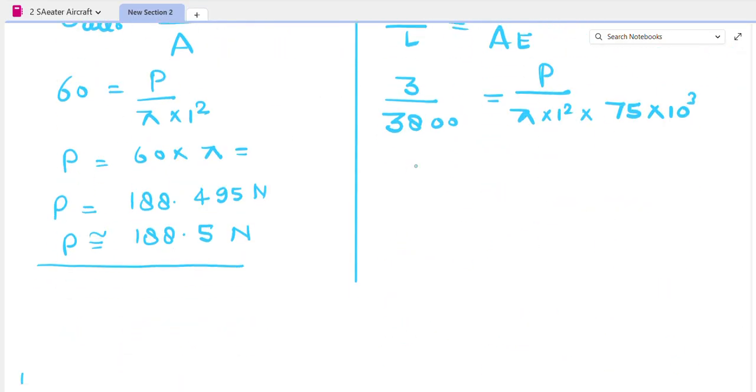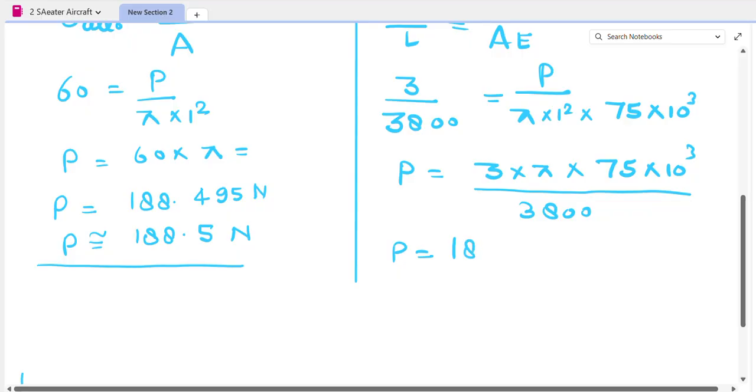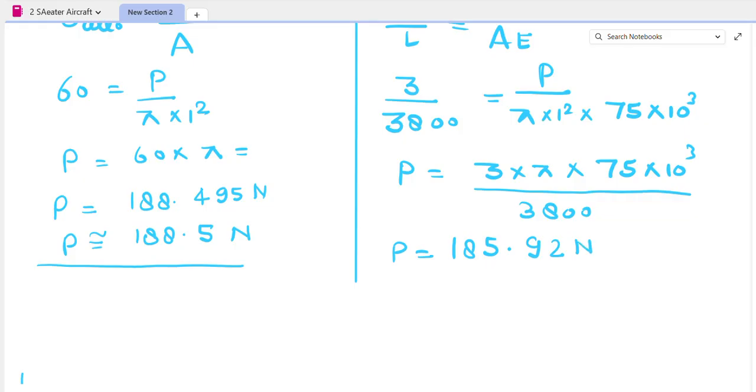Now calculate P: 3 into pi into 75 into 10 to the power 3 upon 3800. Let me calculate. It is coming as 185.92 Newton. So these two cases came.